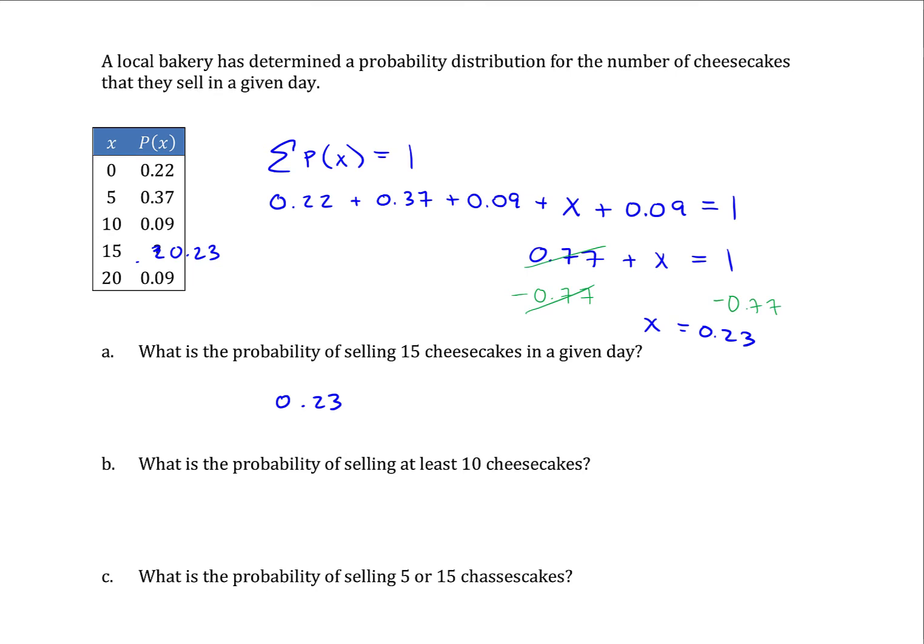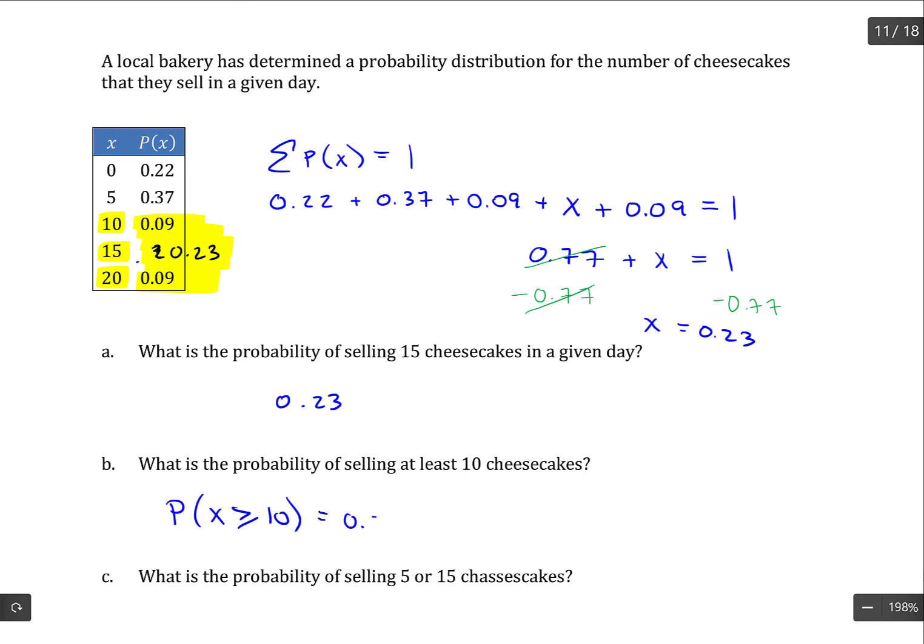Okay, what is the probability of selling at least 10 cheesecakes? So at least 10 cheesecakes would be 10 or more. So the number of cheesecakes that we sell is greater than or equal to 10. So that group, 10, 15, and 20, qualifies, which means I would add together all of their respective probabilities.